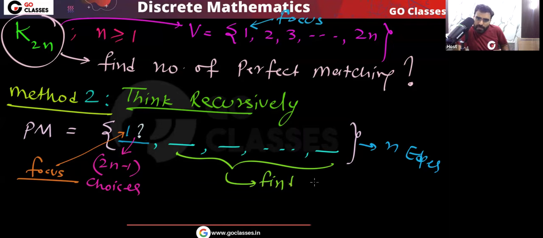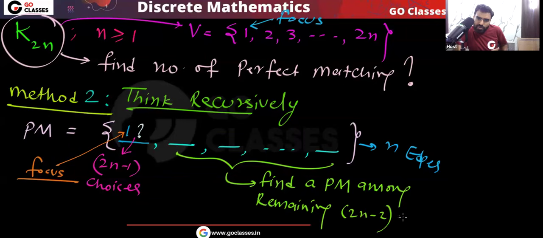You need to find a perfect matching among the remaining 2n minus 2 vertices. Do you agree with me? Remember, you need to do this work also, and you need to do this work also. So there is an "and" here, and "and" means multiplication.